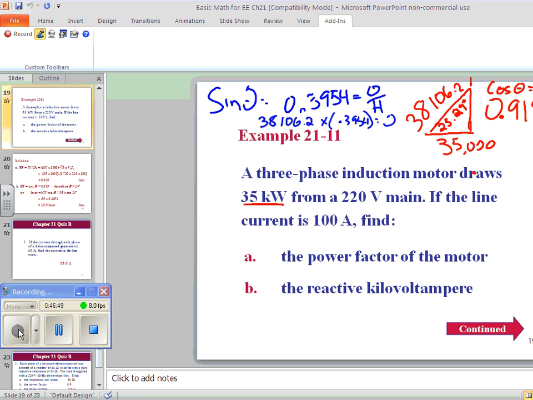Or just hit clear twice and put in 0.3954 times 38,106.2. We'll wind up with how many vars?